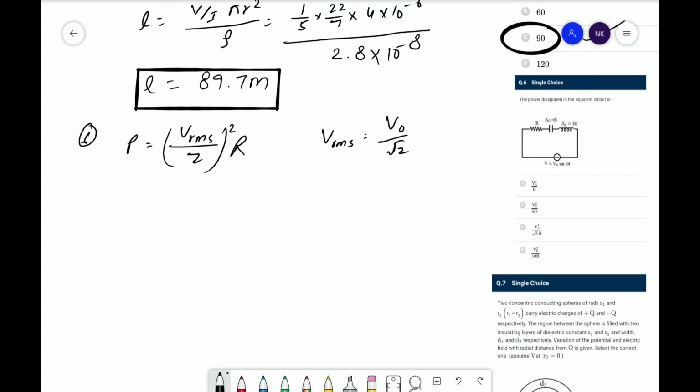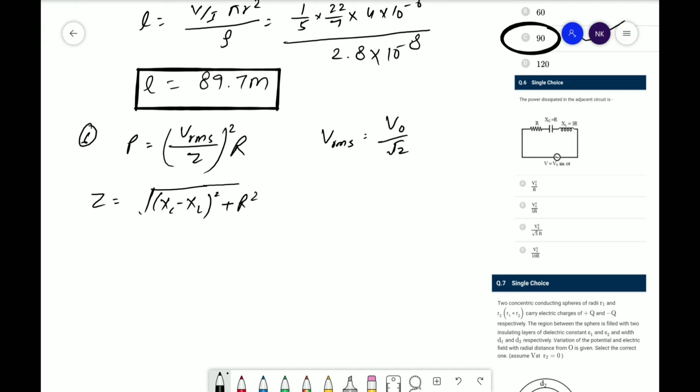Now here we don't know Z. Therefore the Z can be defined as, which circuit is given. Okay, so here Z is nothing but the square root of Xc capacitance minus XL inductance whole square plus R square.